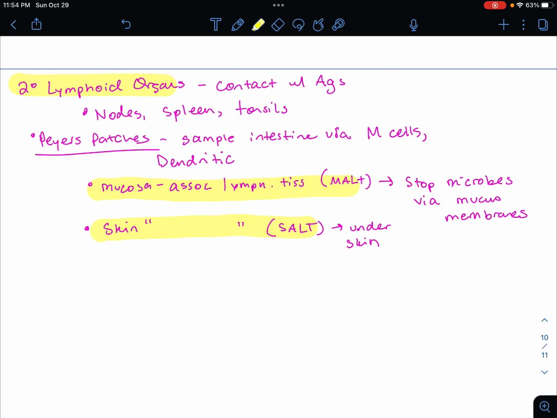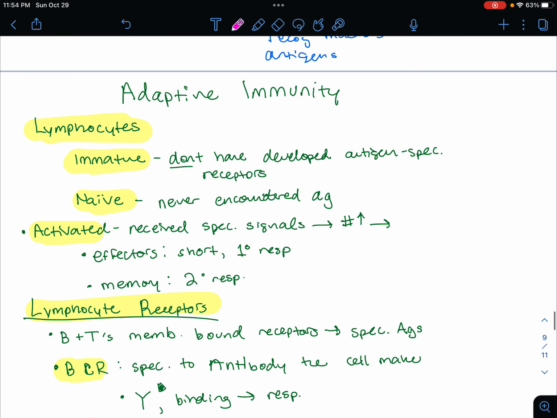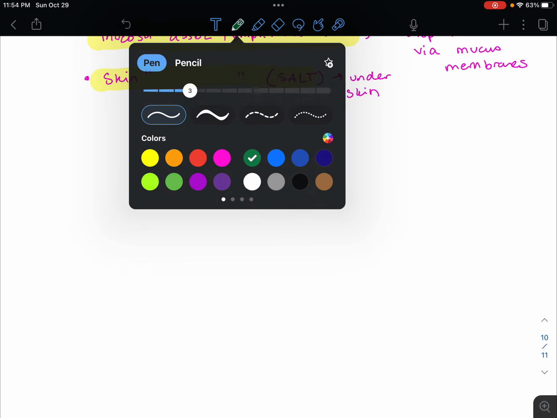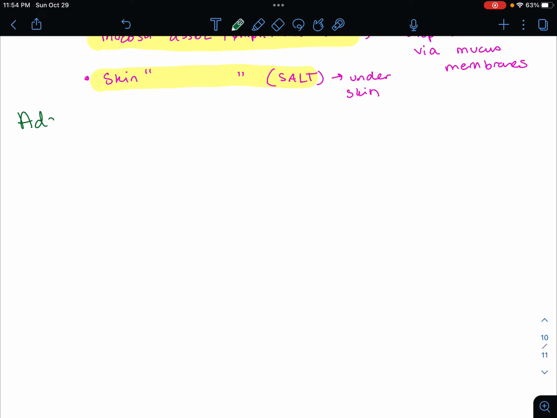Let's talk about adaptive immunity again. So we're going to go up here, and again, we're going to be a lot more effective. Let's just use the same color as we were using earlier. We're going to be much more effective because we're going to need that time, a week or more, to build.